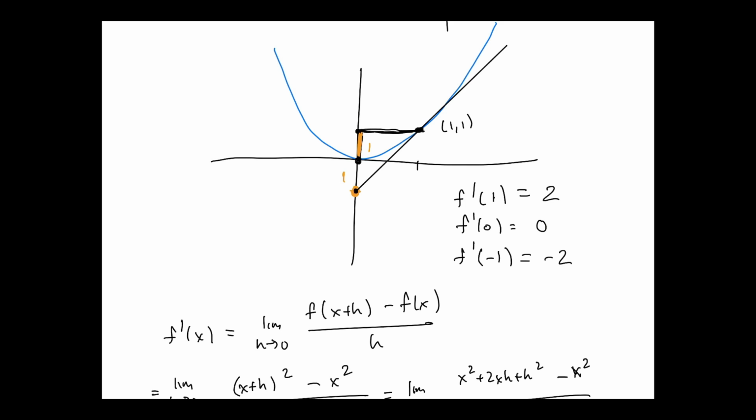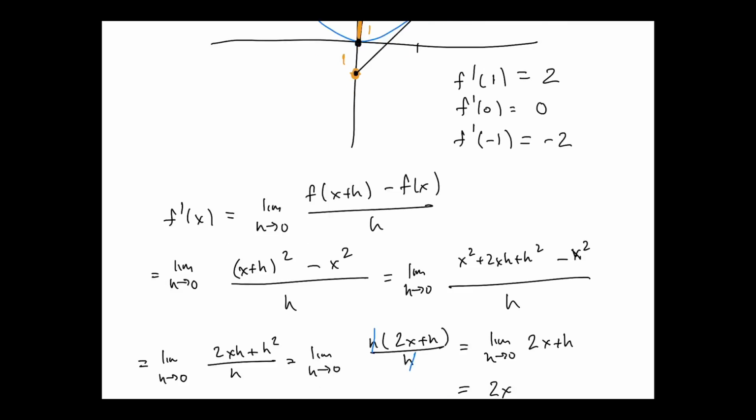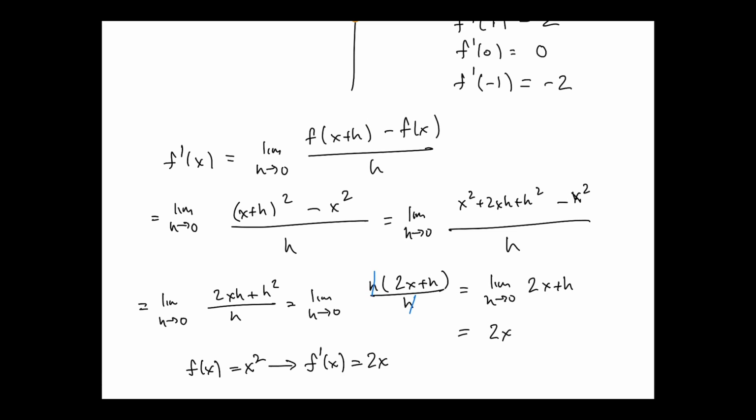Now, how many of you are sitting there thinking, Dr. McKinney, going from x squared to 2x should have taken 5 nanoseconds? Because you know the tricks. You have illegal information.